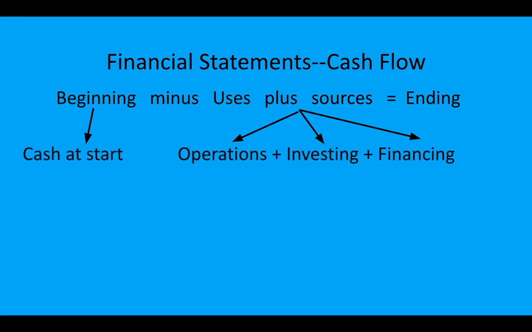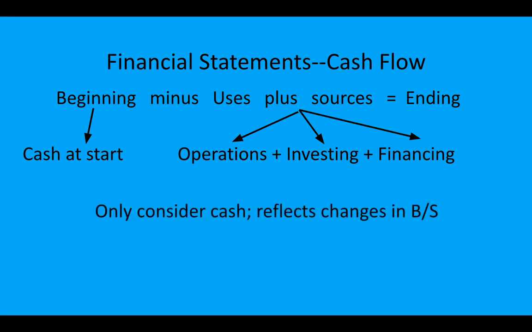And then you find out what their ending cash balance is. So you're looking at cash. Basically, cash at the start, plus or minus operations cash flow, plus or minus investing, plus or minus financing. These are all plus or minuses, because if you're losing money, they'll be negative. You only consider cash, and this has to reflect changes in the balance sheet.